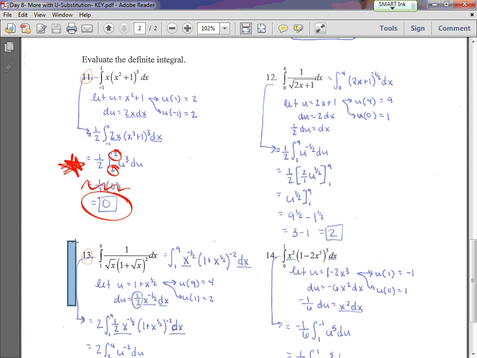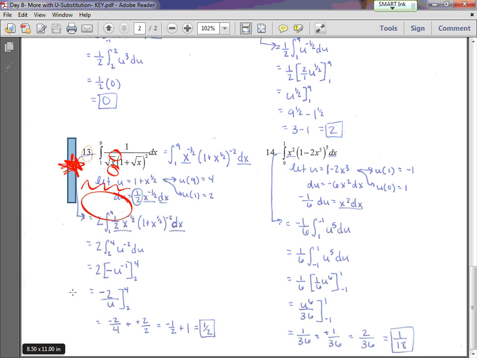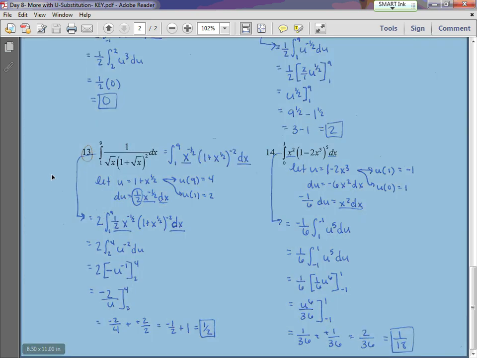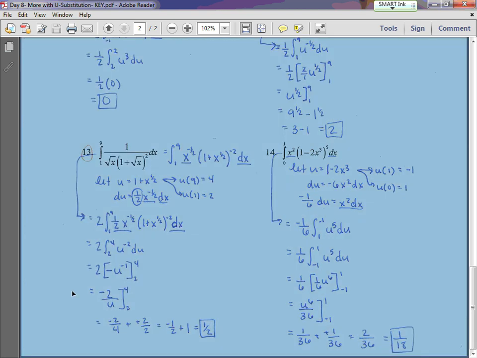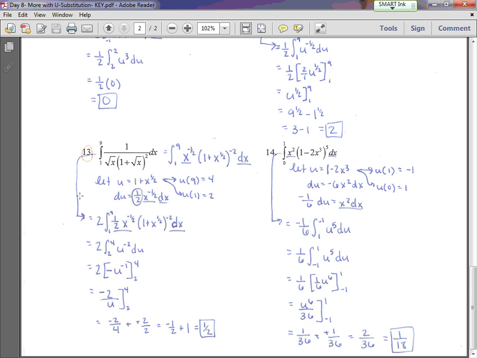Alright, so then 13. It was just a pretty normal one. It even said it. Oh, it's at the bottom. Okay, so 13, this is just normal U substitution.